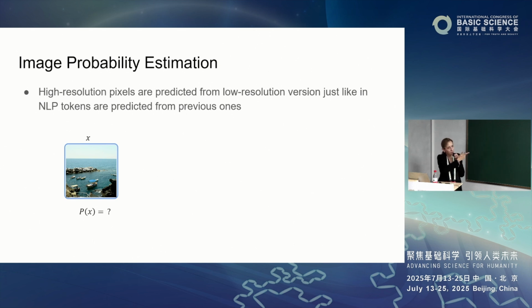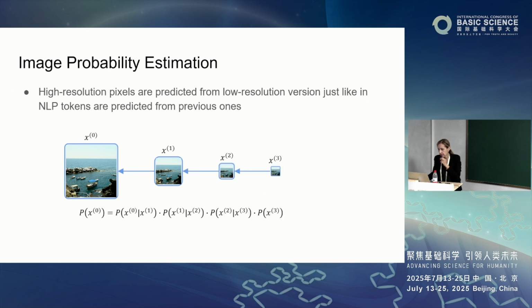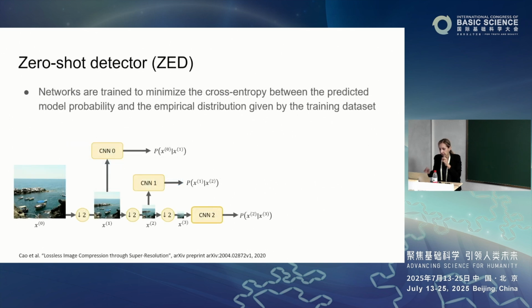For images, we said, okay, let's consider a multi-resolution version of our problem. Let's make the prediction from the low-resolution version, just like in NLP tokens are predicted from previous ones. Then our network is trained to minimize the cross entropy between the predicted model and the empirical distribution given by the training dataset.